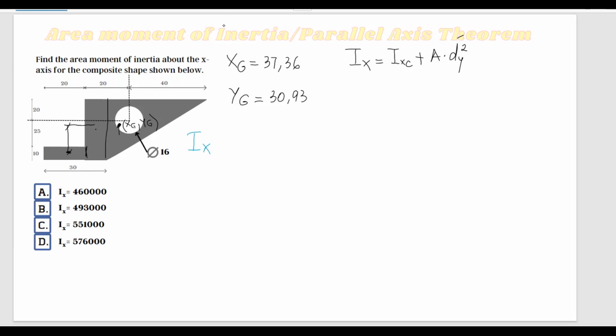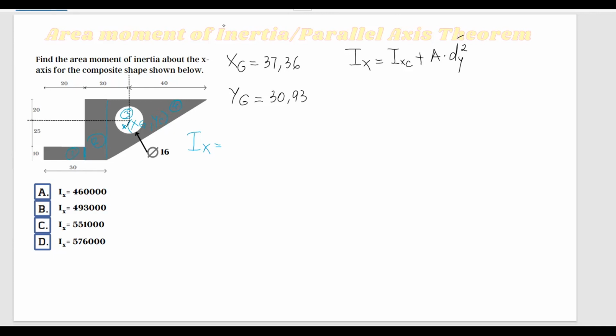So Ix for this composite shape is going to be equal to, let me come back here and clean this up a little bit. Oh, I did it too much. Okay, so I'll come back here and write that this is the xg and yg. And then I will split this again into shape number 1, shape number 2. This is 3, the circle, and then this triangle is 4.